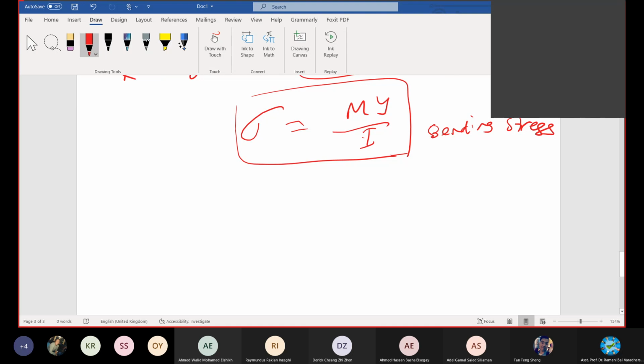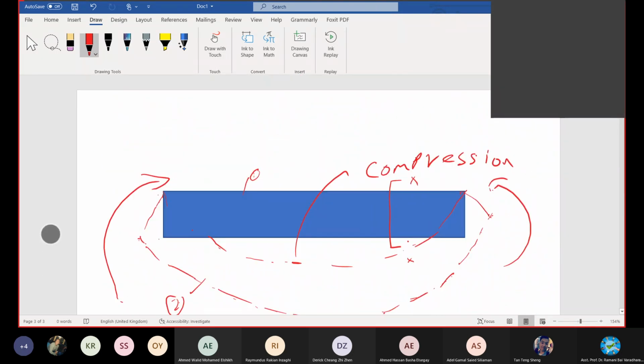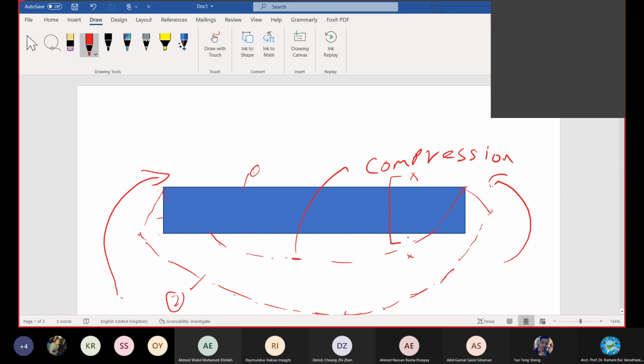From there I can get another equation for you. What is y here? This is AB, right? I took a distance of y at CD in the member. When I reach the complete extent of the member, this is the last fiber, the end of the fiber. Earlier we took some distance y from the neutral axis. If you reach until this one, it will be y max.